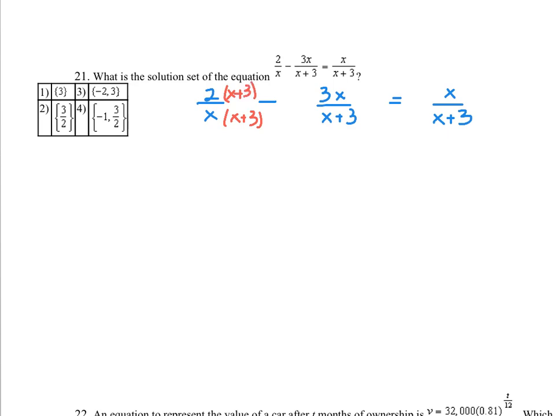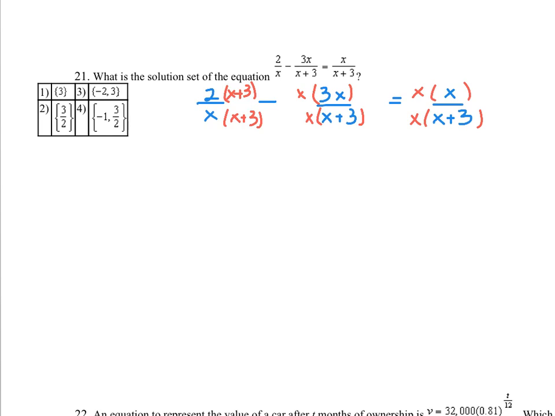Now, the second fraction already has the x plus 3, but it needs the x to match that first fraction, which then means the numerator is also going to get multiplied by x. And the same thing with the third fraction. That also already has the x plus 3, so it too only needs the x.